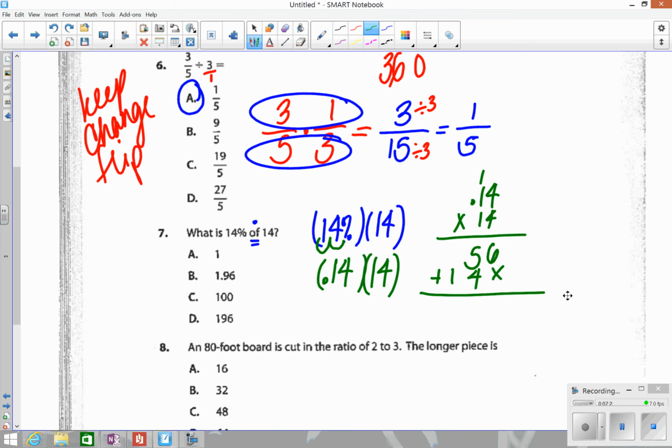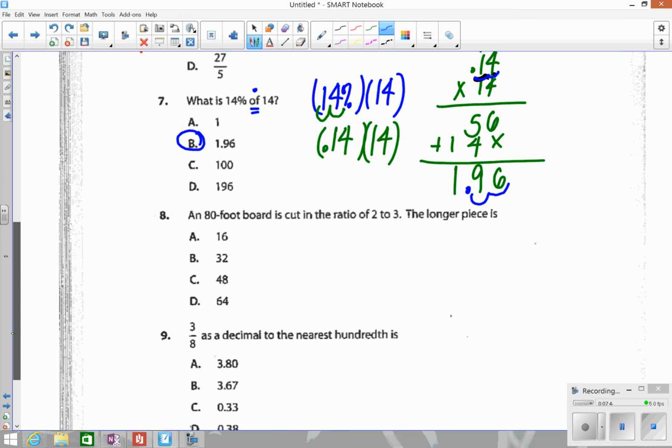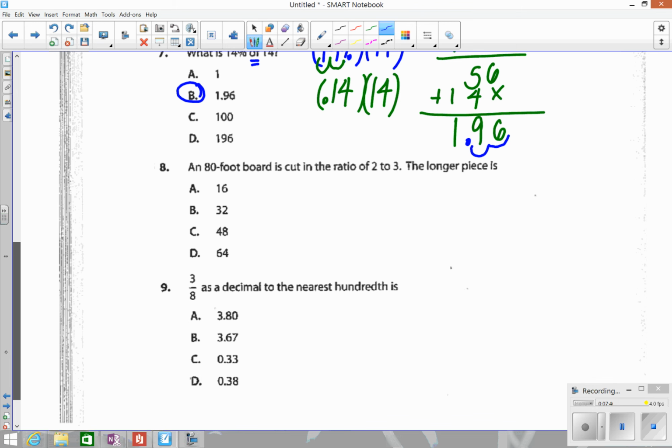Then you're going to add your results. So we have 6, 9, and 1. And then since I had 2 decimal places here, that tells me that I have to move the decimal 2 places. So my answer is going to be 1.96. So 14% of 14 is 1.96.